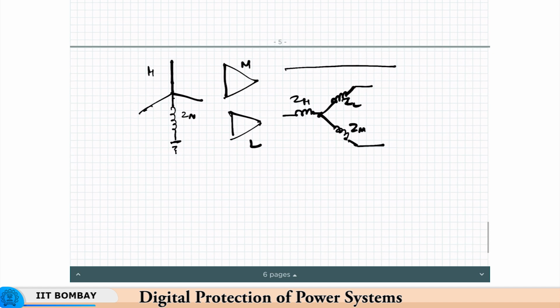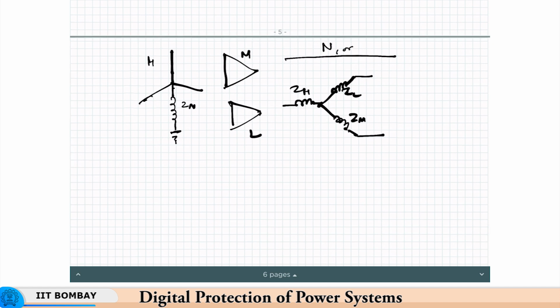The zero sequence I will draw a little below. Since the two windings are delta, we have to take into account that there will be no zero sequence current in the line.